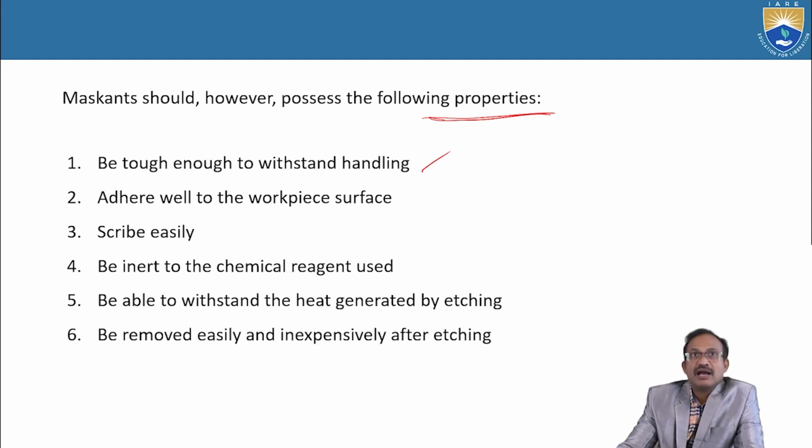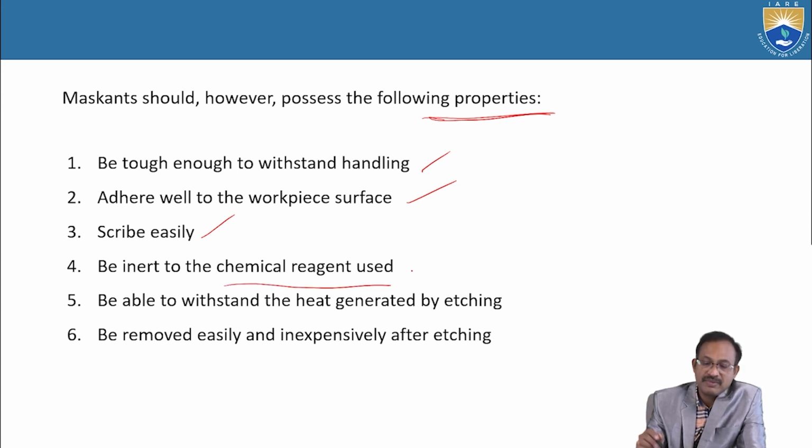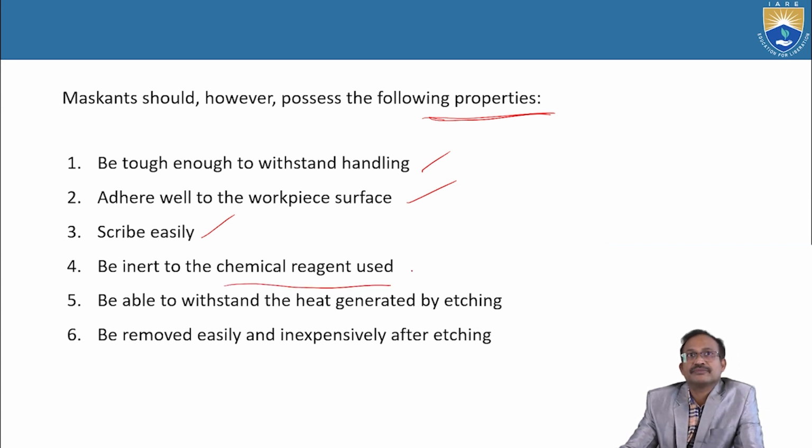Second one, adhere well to the workpiece surface. Otherwise, the purpose will not be served. Third one, scribe easily. Otherwise, the purpose will not be performed as per our requirement. Fourth one, be inert to the chemical reagent used. It should not react with the chemical we are using.